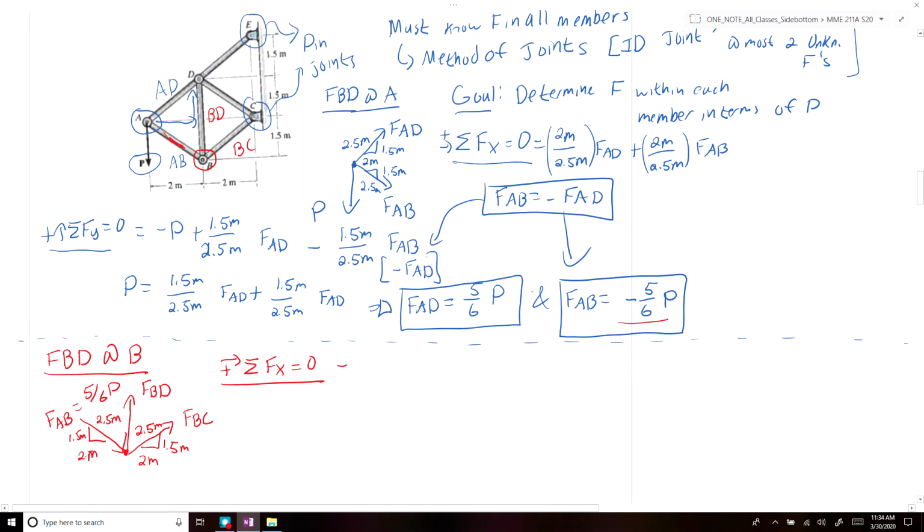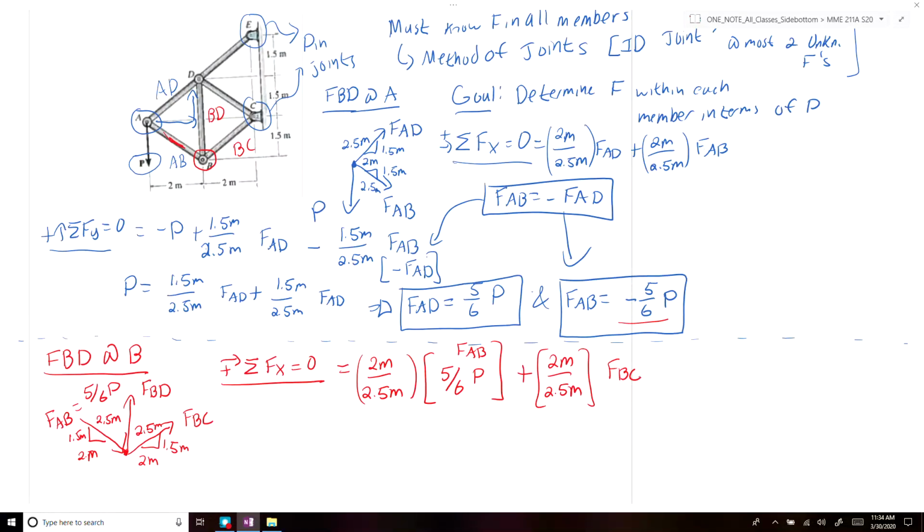So in the x direction, we're going to have the horizontal component of FAB, which is 2 meters over 2.5 meters times the magnitude of FAB, and the magnitude of FAB is equal to 5/6 P. And then we're also going to have 2 meters over 2.5 meters times FBC for the x component of force BC. FBD has no x component, so we don't need to include it in this equation.